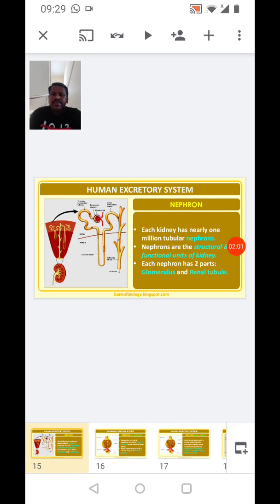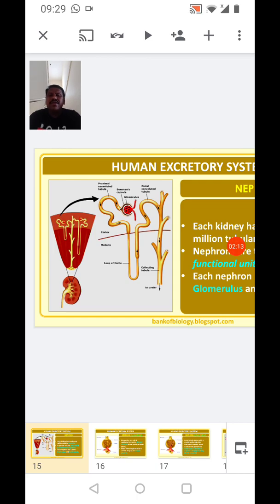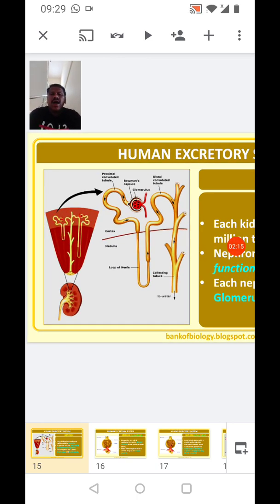And today we study the structure of the nephron. Remember, each kidney is made up of highly convoluted tubules, which are called uriniferous tubules.